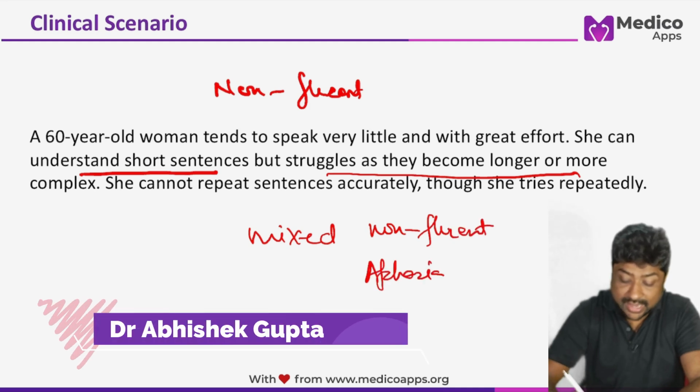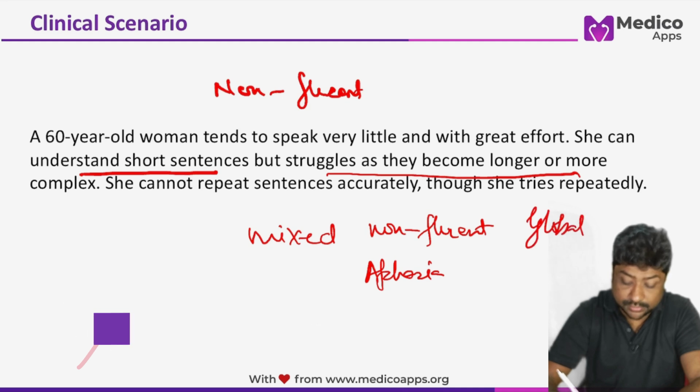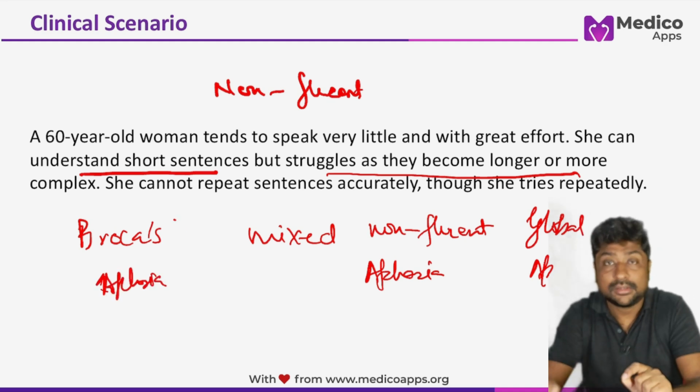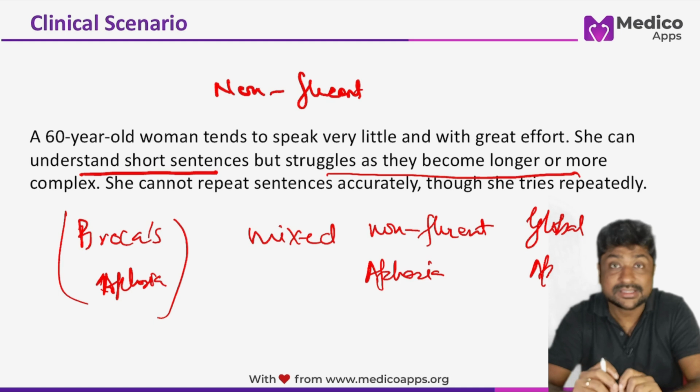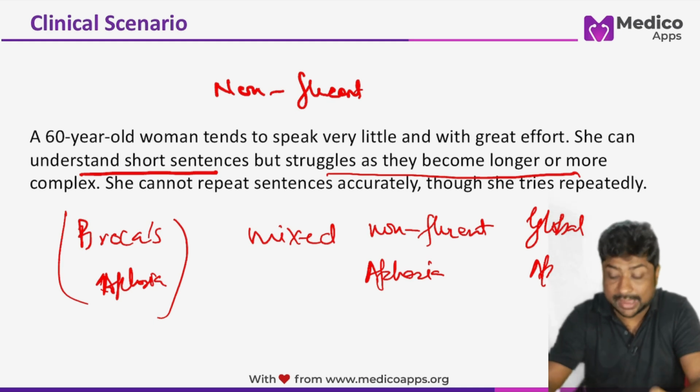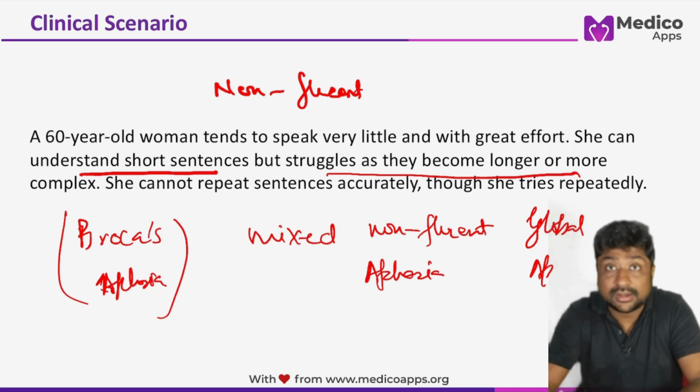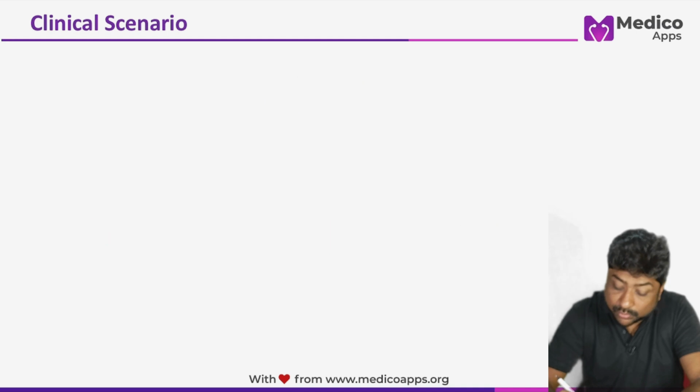Remember, I told you it is something between global aphasia and Broca's aphasia. She is not able to speak, understanding is preserved somewhat, but not completely. As the sentences become complex, the understanding is greatly hampered. So this is mixed non-fluent aphasia.